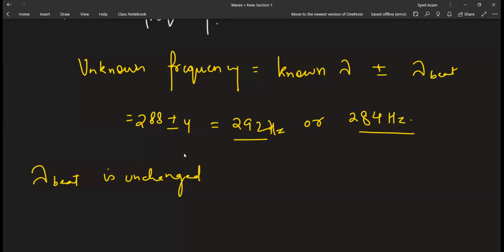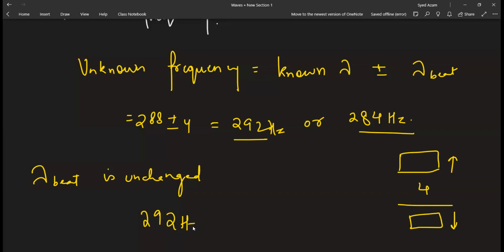Now, frequency of a tuning fork decreases on loading, right? It means that this initial frequency must be higher, so that when you are subtracting the beat frequency you are getting a lesser value. So 284 cannot be taken, but 292 can be taken. So your resultant will be 292 hertz.